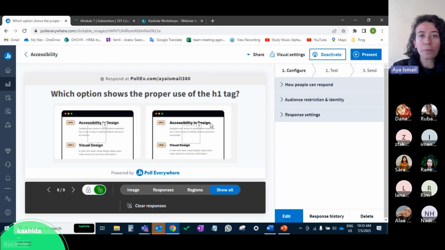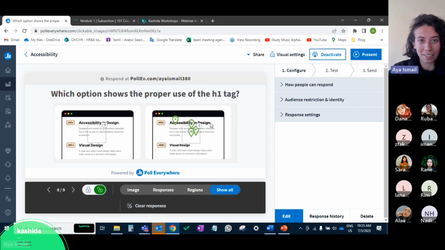Which option shows the proper use of the H1 tag, heading 1? H1 meaning heading 1. The one on the left or on the right? I'll wait for one more response.